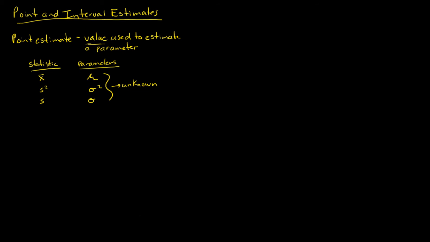Okay, so we don't know these, but we know that this x bar is going to be used to estimate a parameter, and the notation we use is the following: the point estimate, in this case, is x bar.